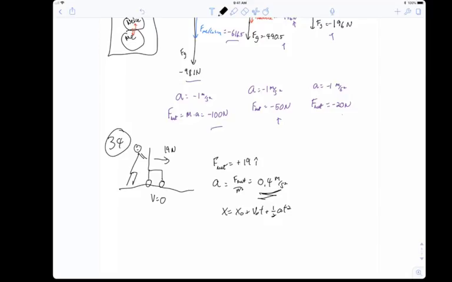So we'll start at x equals 0. I want to know what time it reaches 5.9, starting from 0 velocity, 0.4 t squared. And now I solve this for t. t squared is equal to 5.9 times 2 divided by 0.4, 29.5. So t is equal to square root of that, 5.4 seconds.